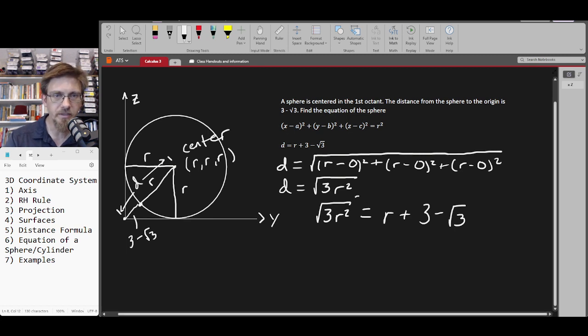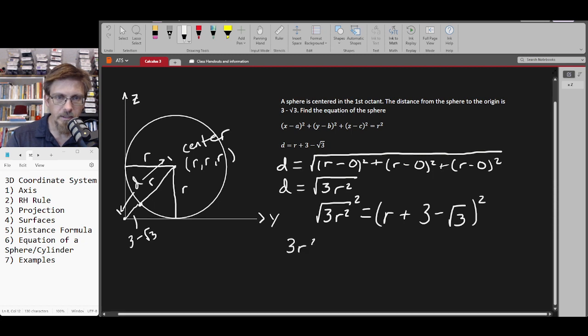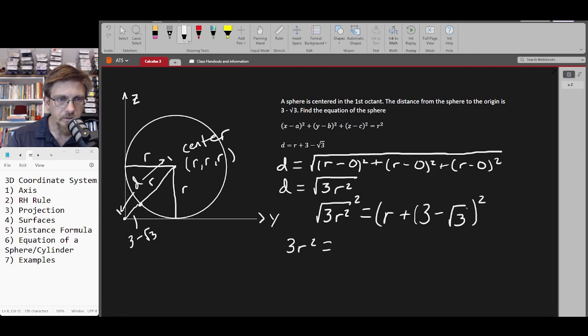So I'm going to square both sides here. And on this left-hand side, I just get 3r squared. And then on this right-hand side, I'm going to group this last irrational binomial, so it makes it a little easier to square it.